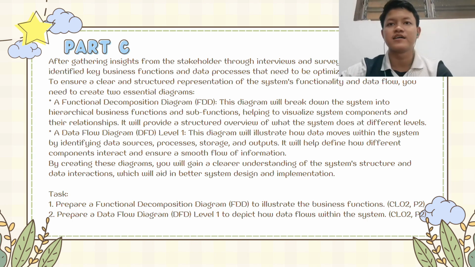By creating this diagram, you will gain a clearer understanding of the system structure and data interaction, which will aid in better system design and implementation. For the tasks, number 1, prepare a functional decomposition diagram (FDD) to illustrate the business functions. And the next task is to prepare a data flow diagram (DFD) level 1 to depict how data flows within the system.